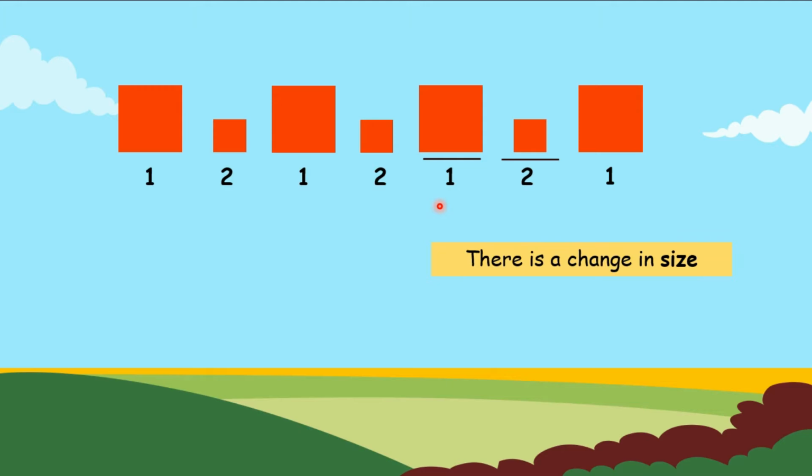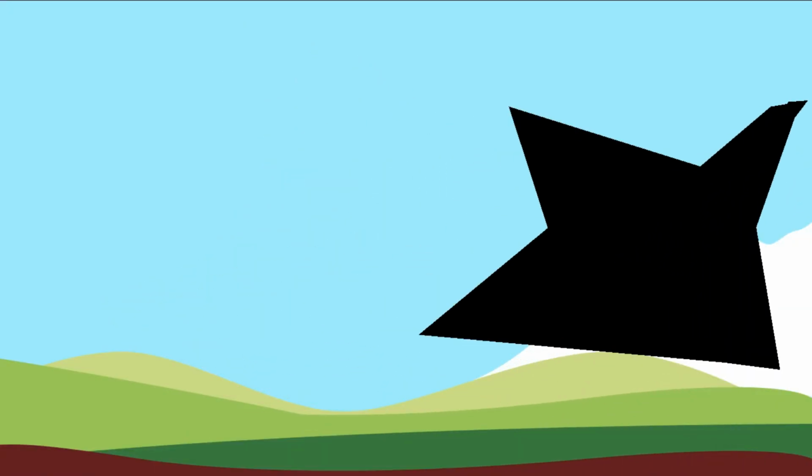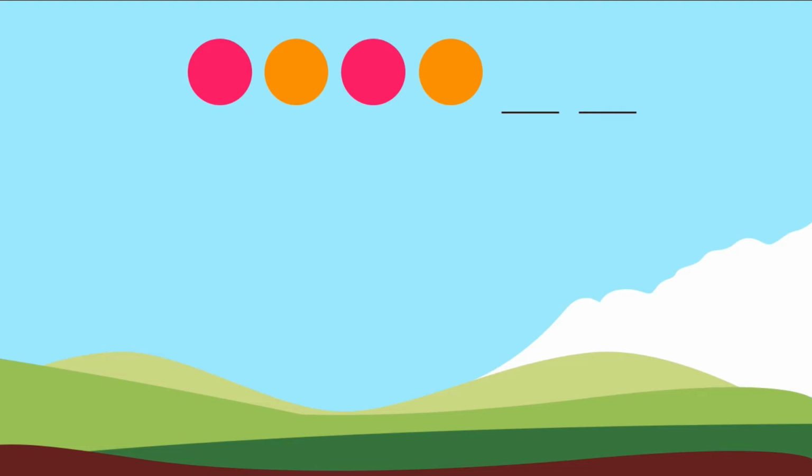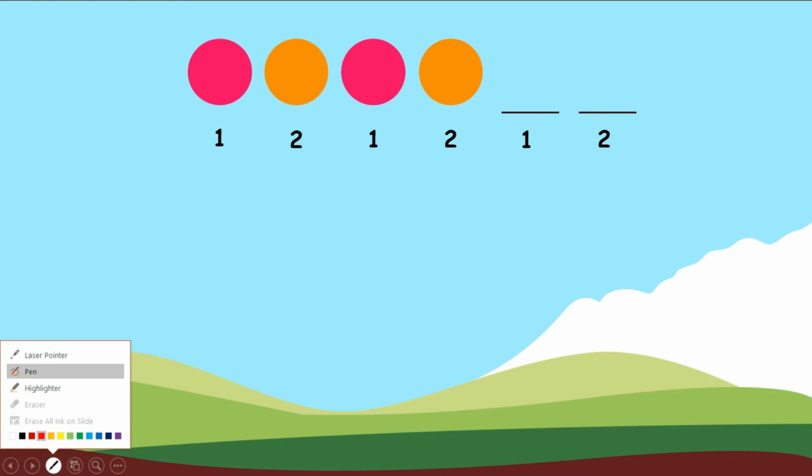Terdapat perubahan berdasarkan ukuran. And there is a pink circle, orange circle, pink, orange, blank, blank, blank, and blank, blank, blank. Okay, if the pink circle is number 1 and the orange circle is number 2, so this is number 1, number 2, number 1, and number 2.